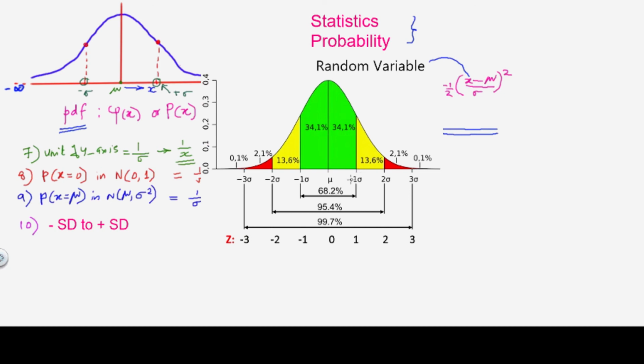Now a bit more information can be observed. The area from minus 2 times standard deviation to plus 2 times standard deviation is 95.4, and the area from minus 3 standard deviations to plus 3 standard deviations is 99.7.